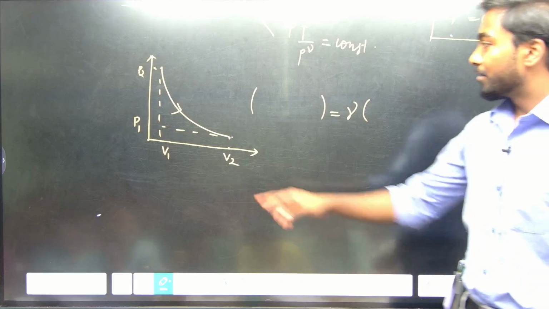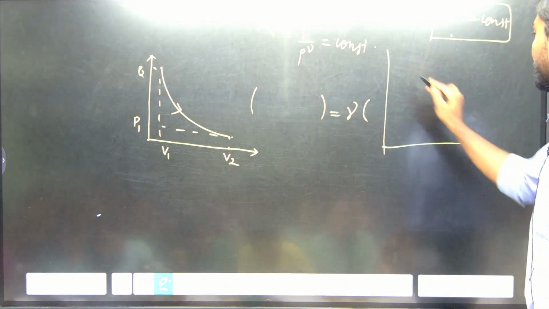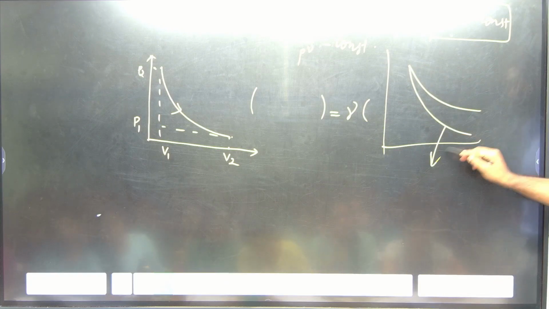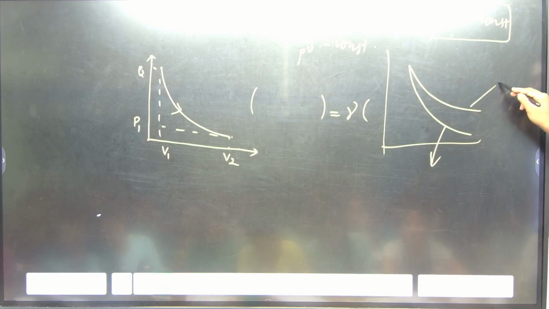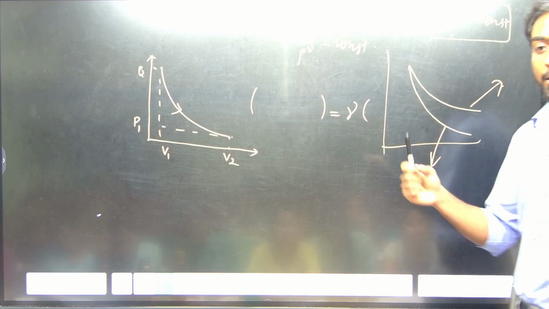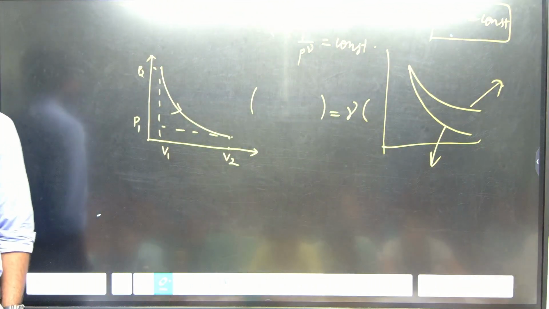Steeper in the sense it will have more bend. Okay, if I draw two curves like this, so this one will be my adiabatic and this one will be my isothermal. The steeper, the one that bends more, will be adiabatic, and the less steep will be isothermal.